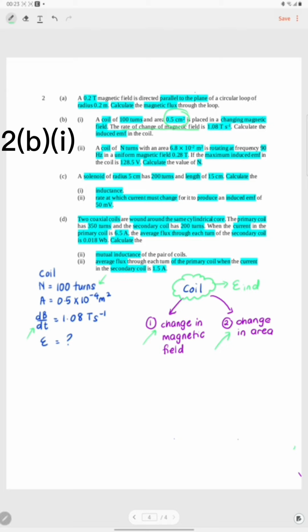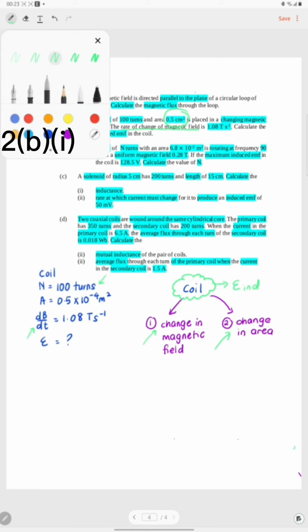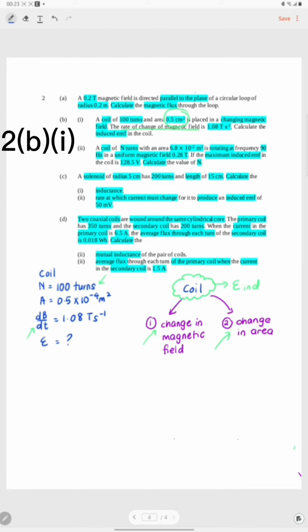For this question, it is due to the change in magnetic field. So the formula that we need to use is EMF equals negative N A dB over dt.